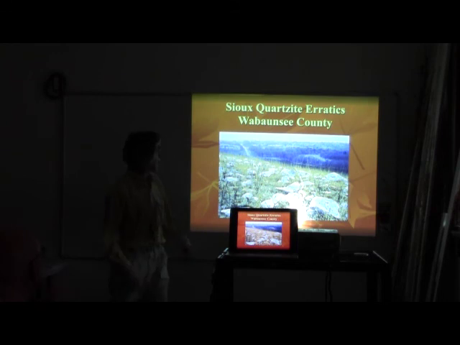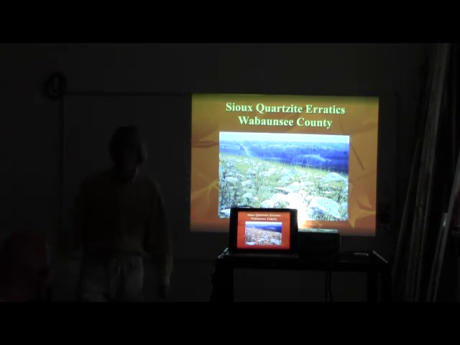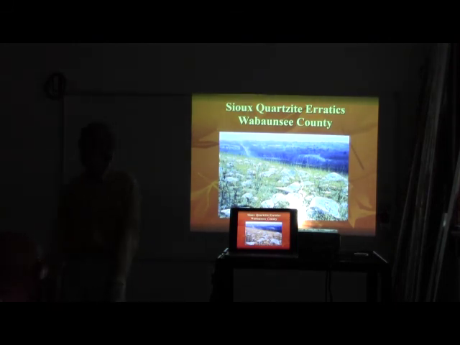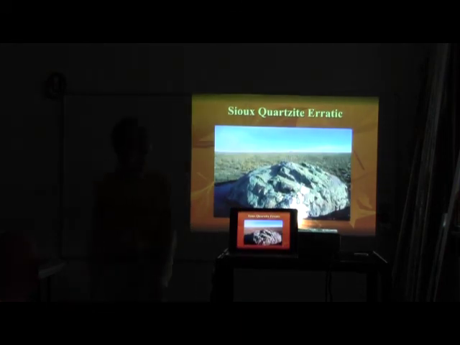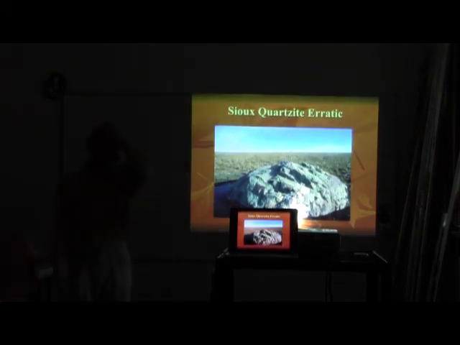And then, of course, there are erratics. This is in Wabaunsee. This is boulders that have been carried down from South Dakota. We actually know precisely where these rocks came from. They came from the Sioux Quartzite, which is in South Dakota. They were carried all the way down to Kansas in the ice.